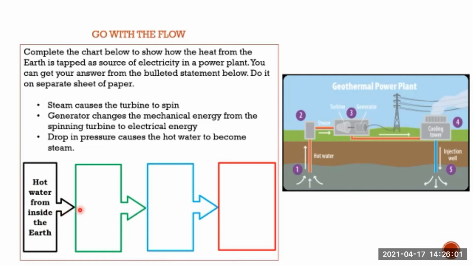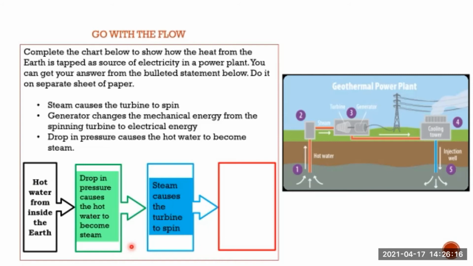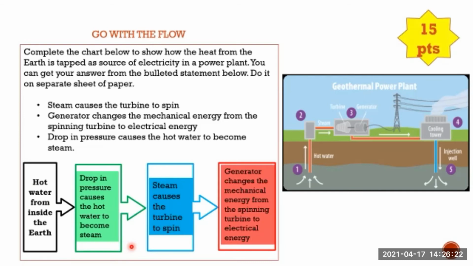Then, what will happen? Very good. That is, drop in pressure causes the hot water to become steam. After this process or statement, what will be the next? Nice, that's correct. Steam causes the turbine to spin. And the last is the generator changes the mechanical energy from the spinning turbine to electrical energy. Another great job.